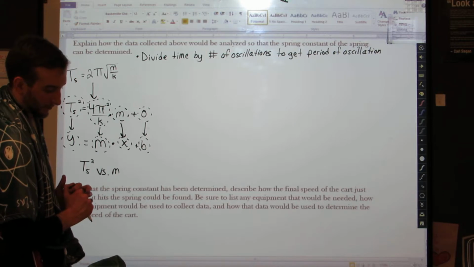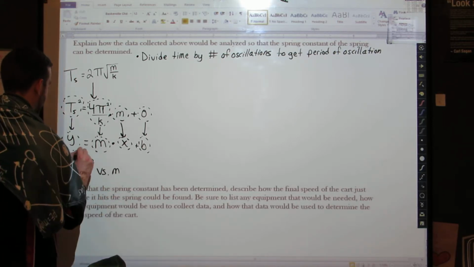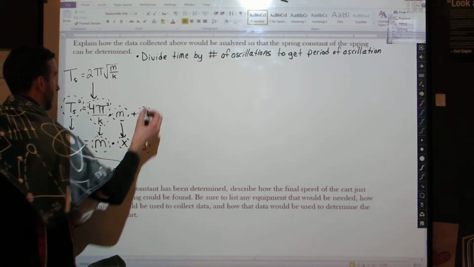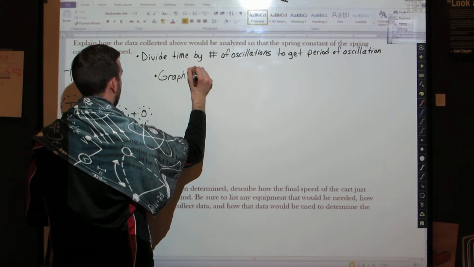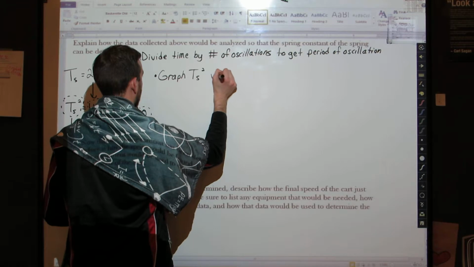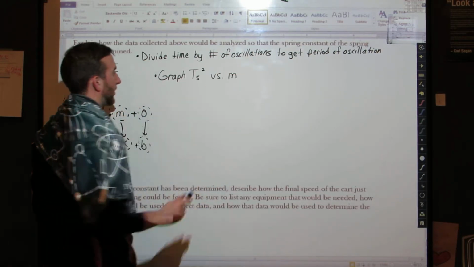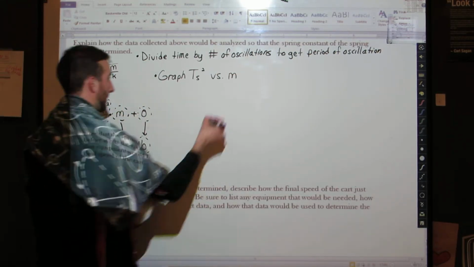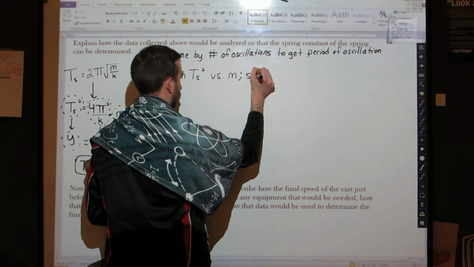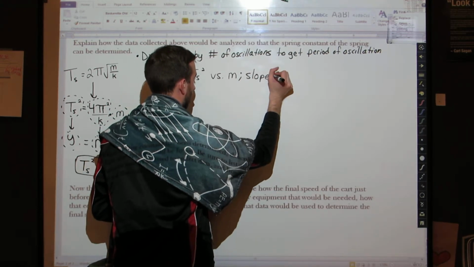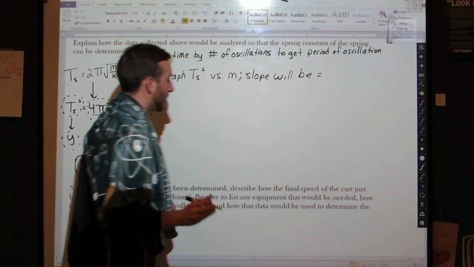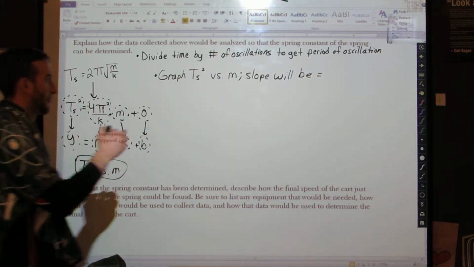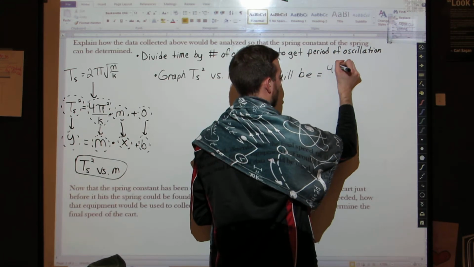So, we are graphing the period of the spring squared versus m. And the slope will be equal to 4 pi squared over k.